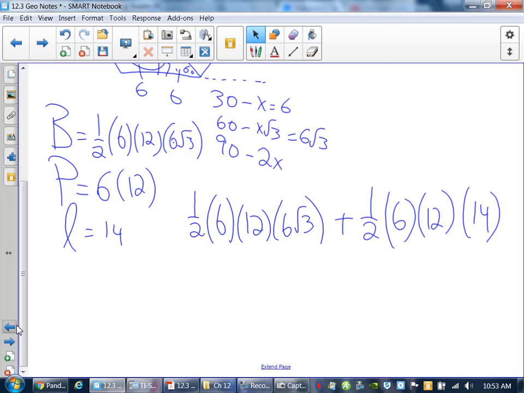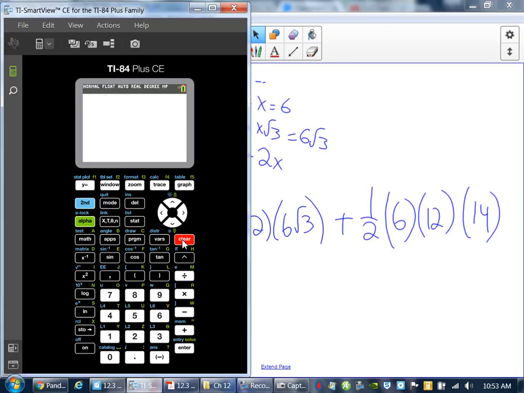A lot of times people will hit square root 3 and they'll forget to hit the right arrow and they'll hit plus all that other stuff. Okay? It is a very, very common mistake. So we put this here, it's 1/2 of 6, 12, and then 6 square root 3. See what I mean? If I don't hit the right arrow, I'll still be underneath the radical. That's why you have to remind yourself, and then you hit plus.